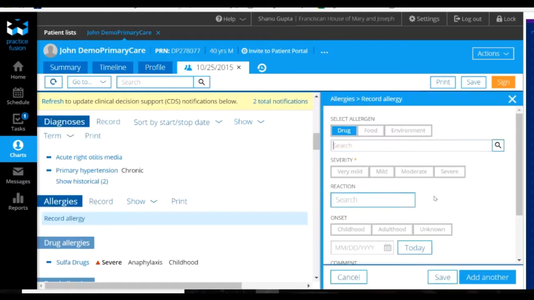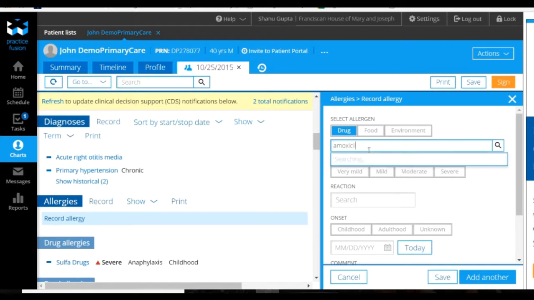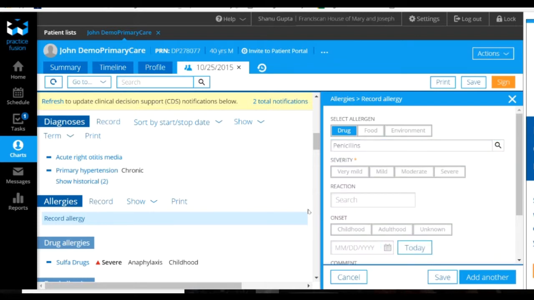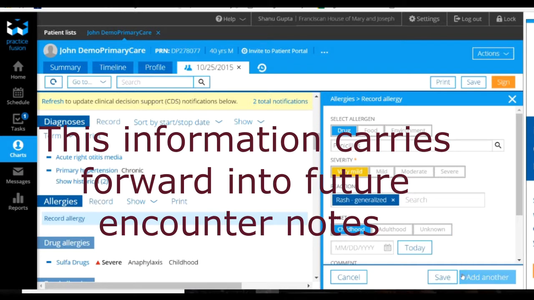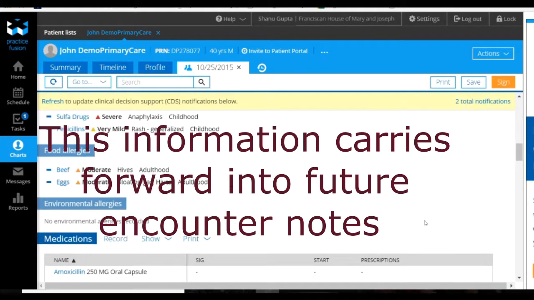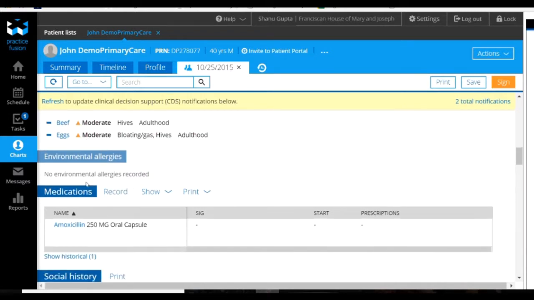Allergies, the way to record is to be able to type in here, let's say amoxicillin. Very mild severity rash, generalized. And childhood, save. Food allergies are also important and documented in a similar fashion.